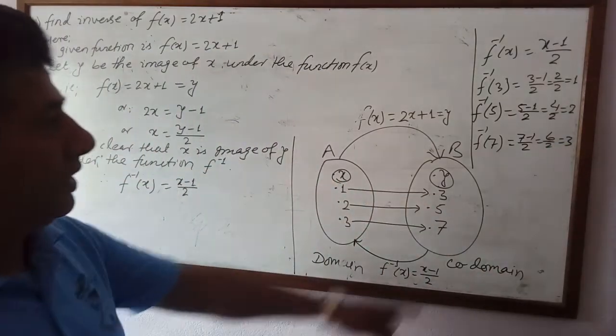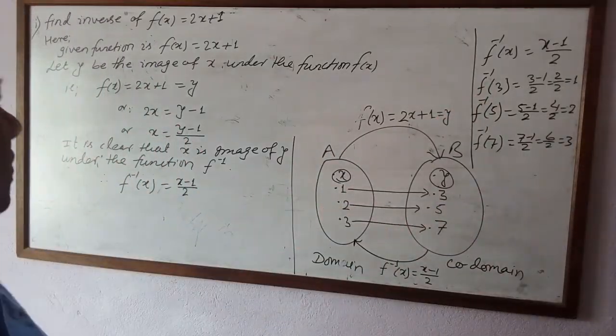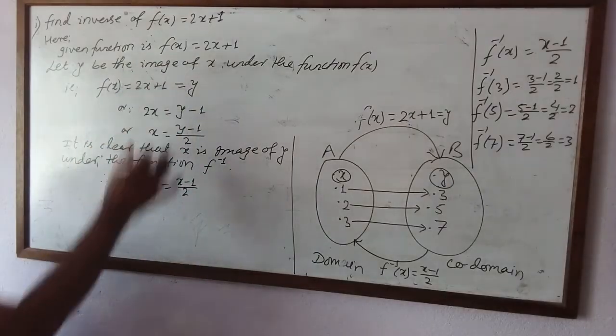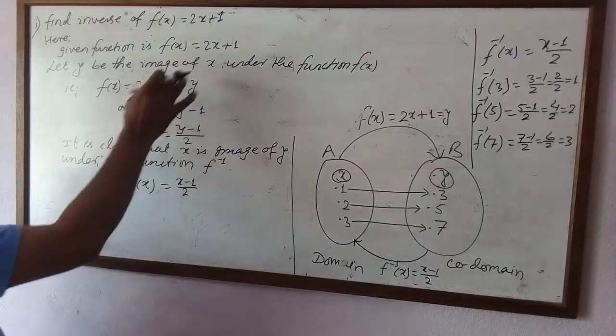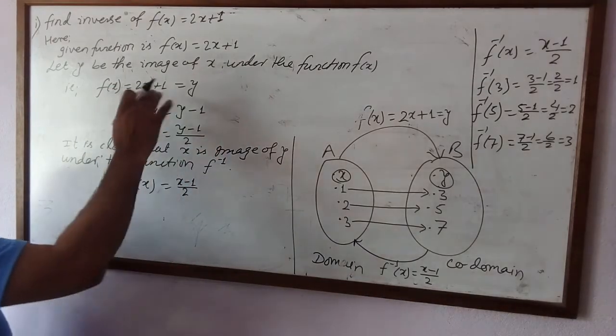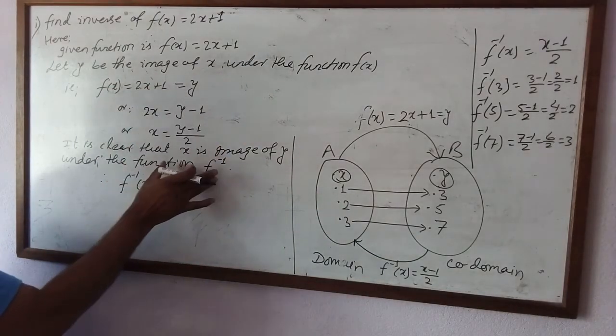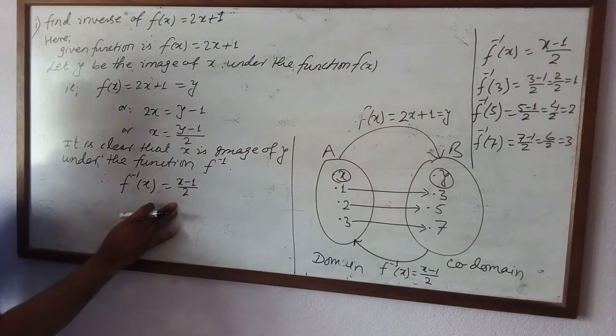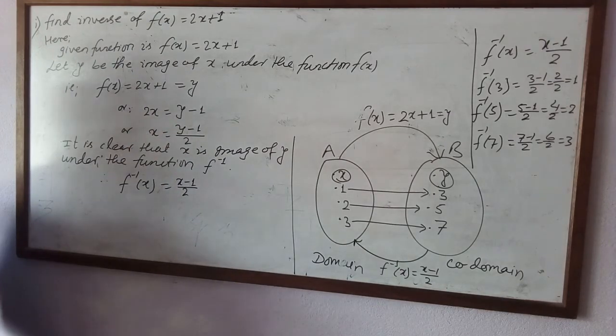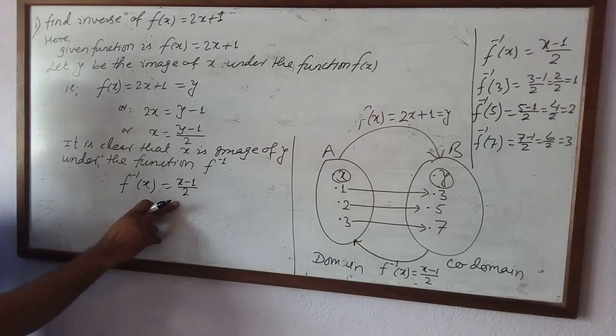Now, what is the meaning of inverse function? This is the process to find the inverse function. First, write the function, and directly change. Do not write in terms of y. This is the inverse function.